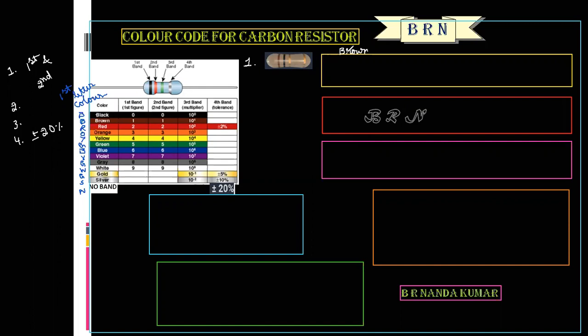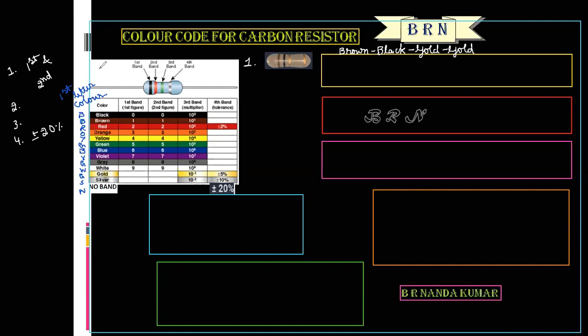Second one is black. Third one is gold. The last one is gold. So this is the color sequence of this given carbon composition resistor.